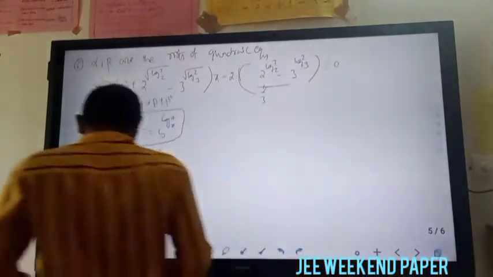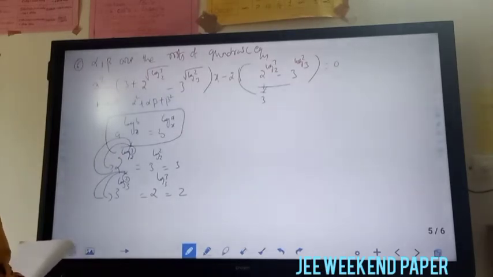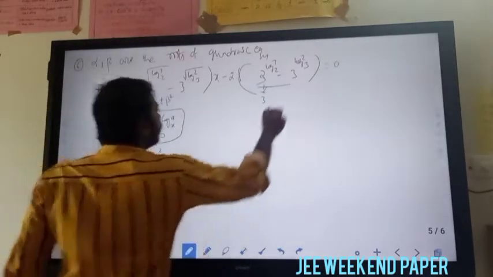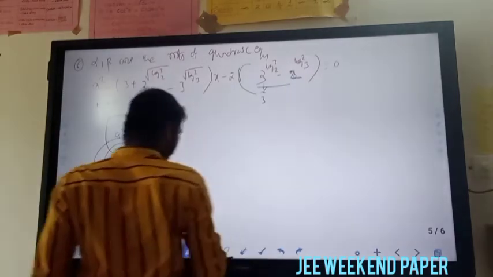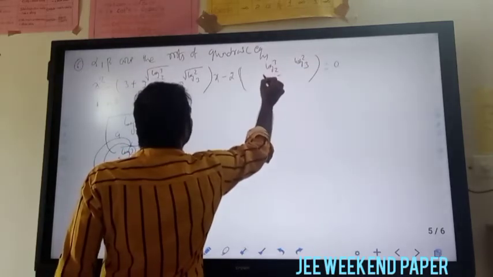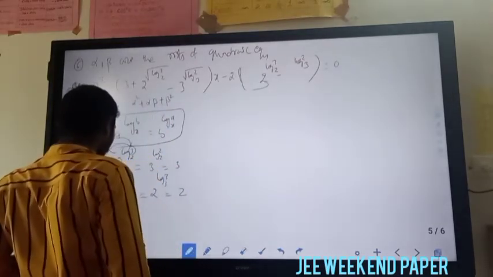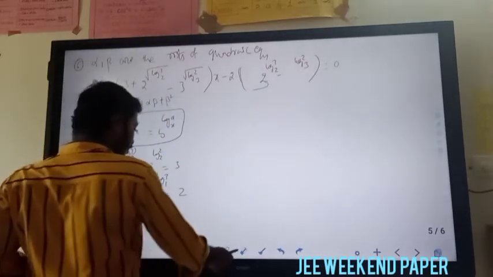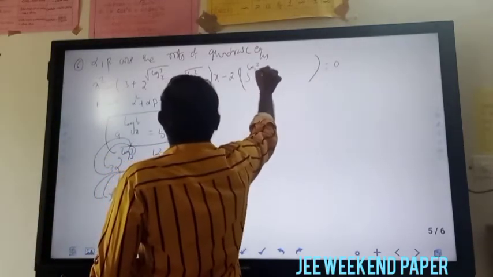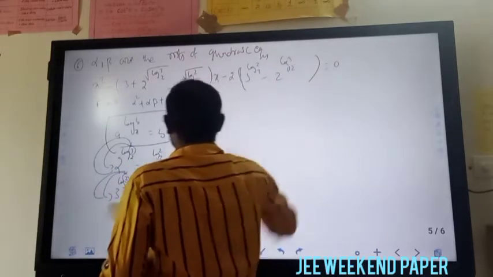by substitution we get 3 and 2. A small mistake in the question. So it is 3 power log 2 base 3 minus 2 power log 3 base 2.